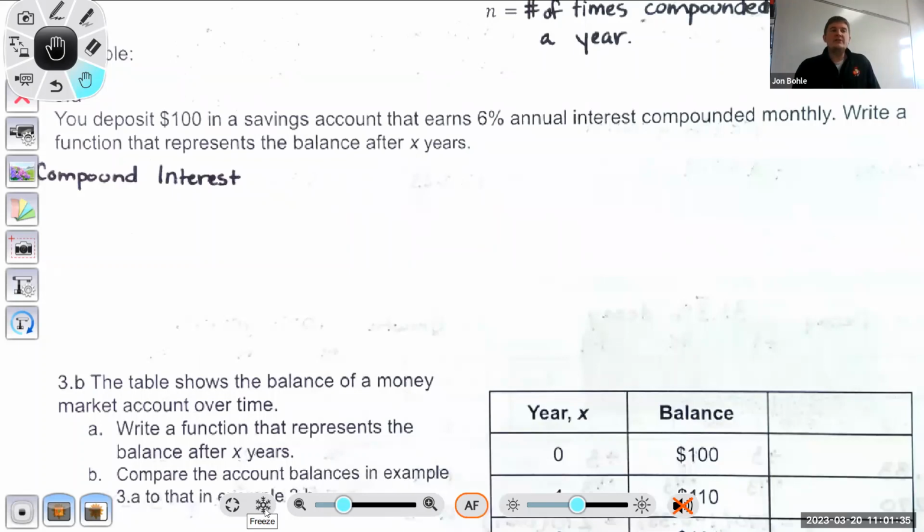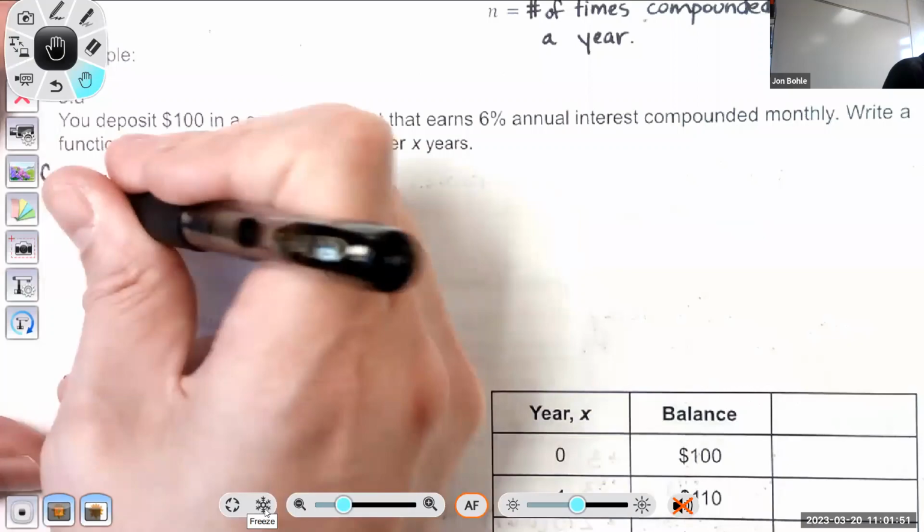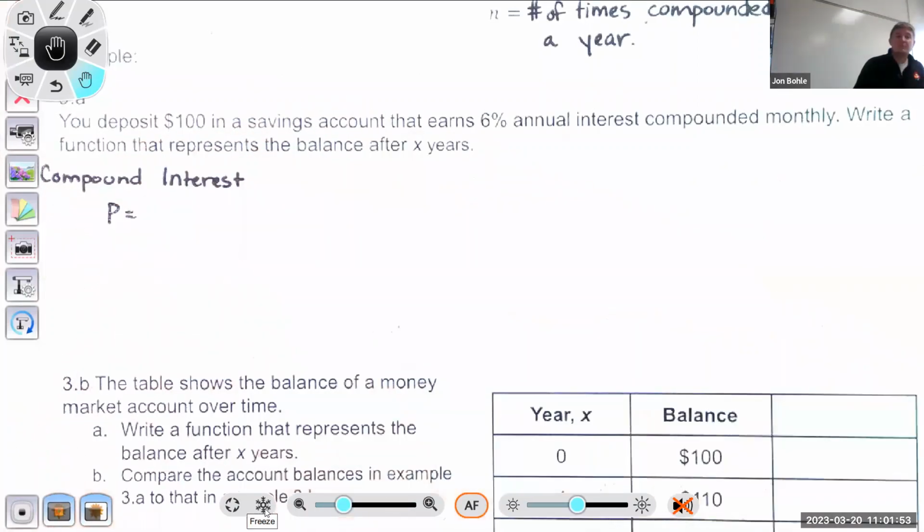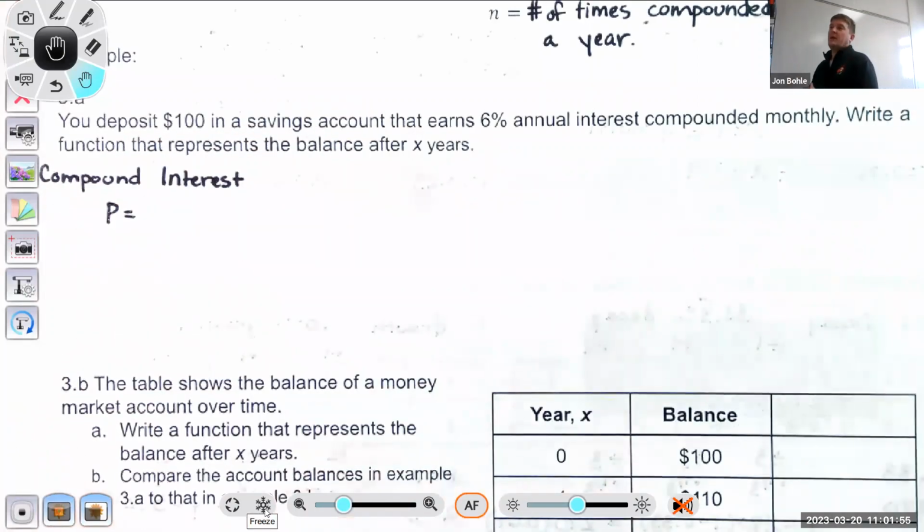Okay. Everybody understand how I came to that conclusion that that's the formula I need to use? I'll have the formulas available for everybody. You don't have to have them memorized, but you need to know which one to use and what all the different letters mean. Capital P is the principal, the initial amount of money I put in.